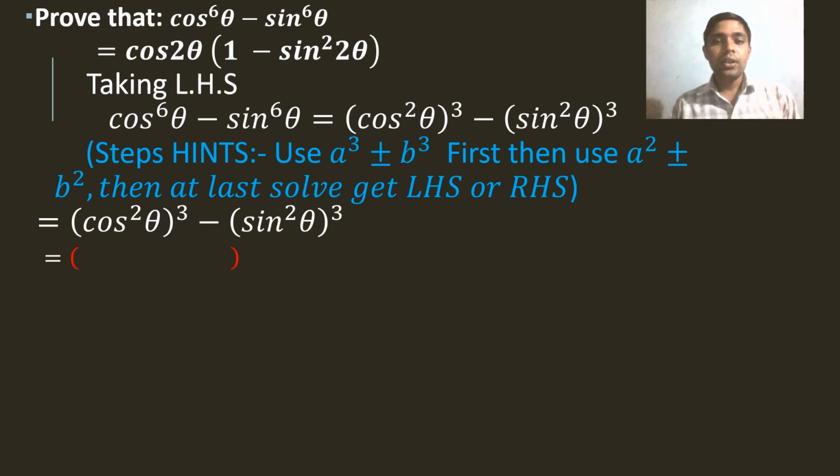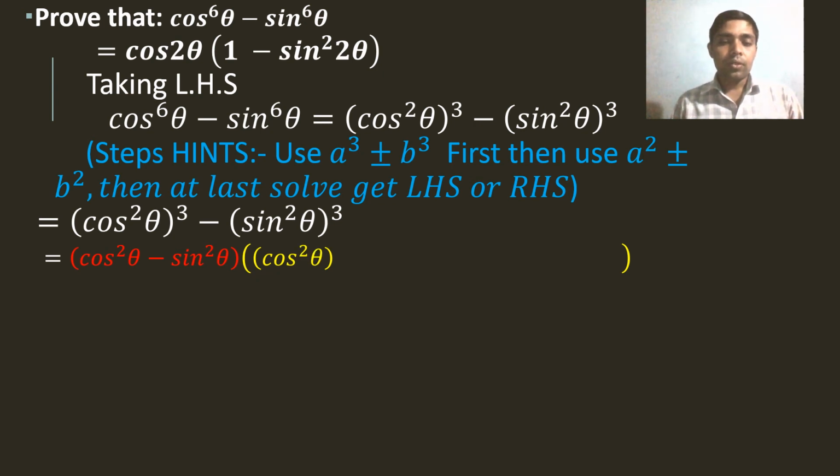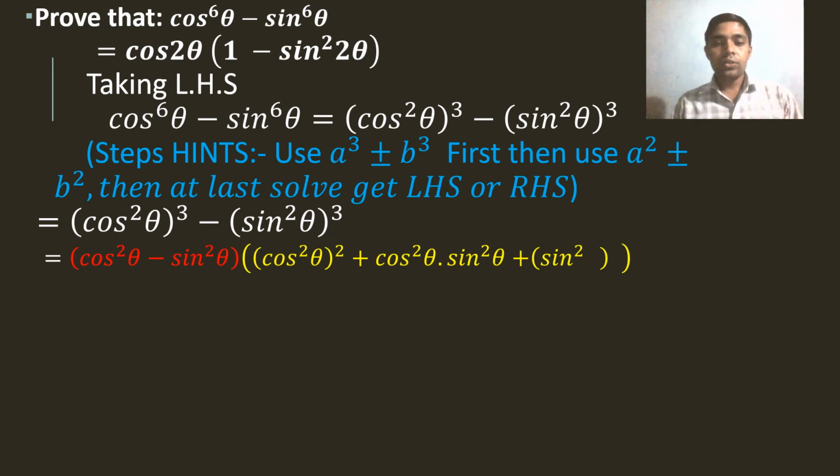A − b means we get cos² θ − sin² θ as (a − b), times (a² + ab + b²). A² means (cos² θ)², plus cos² θ into sin² θ, plus (sin² θ)². So this is in the form of a³ − b³: (a − b)(a² + ab + b²).